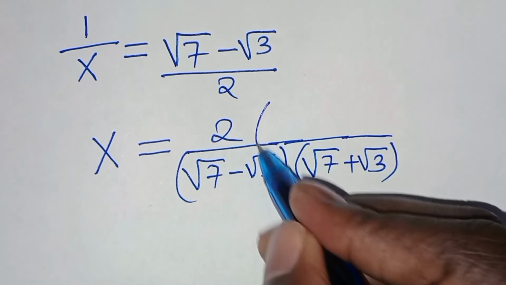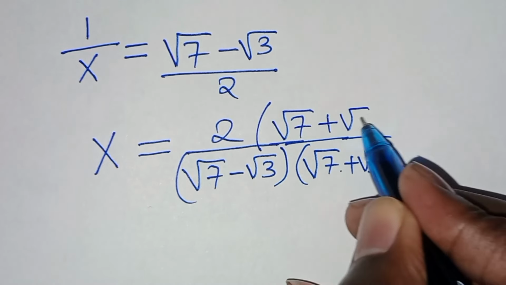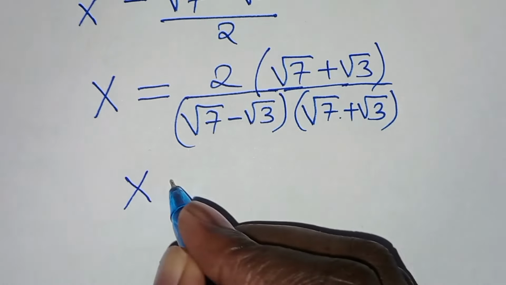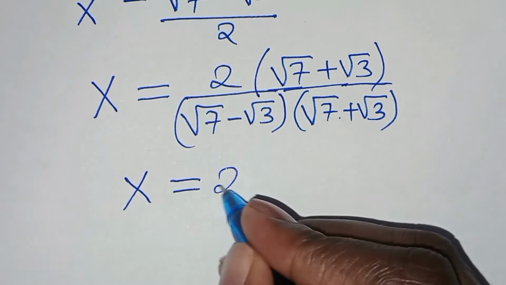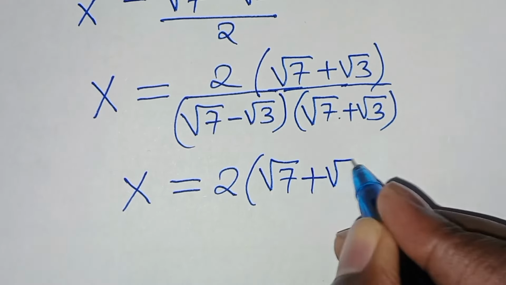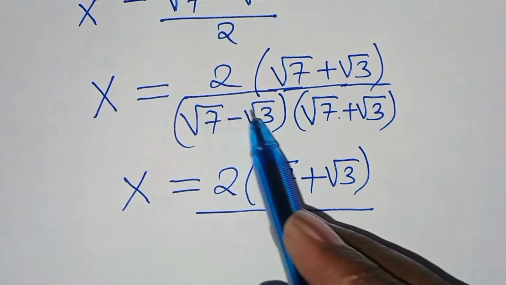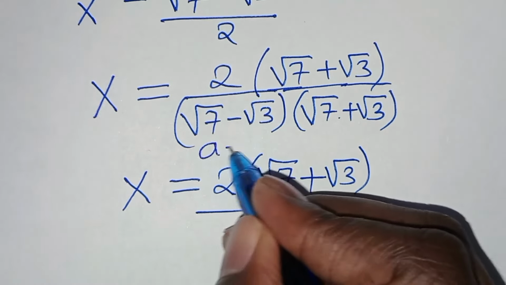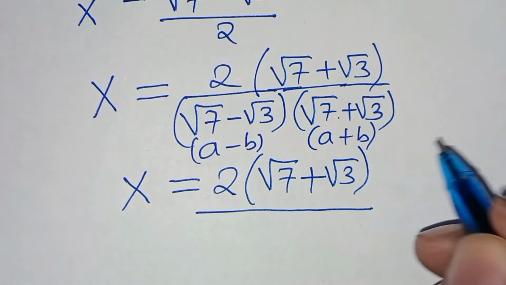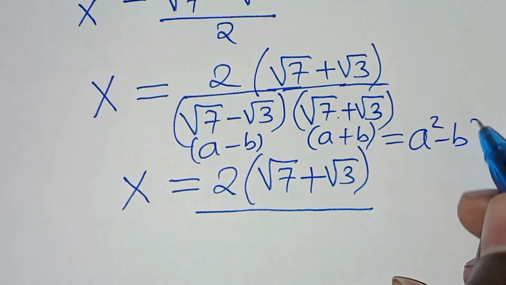So let's multiply the numerator with the conjugate, square root of 7 plus square root of 3. So this implies that x is equal to 2 multiplied by square root of 7 plus square root of 3 divided by, now square root of 7 minus square root of 3, this is in the form of a minus b multiplied by a plus b. So this is equal to a squared minus b squared.